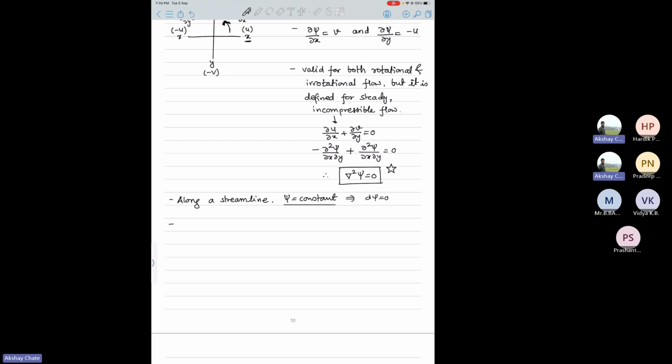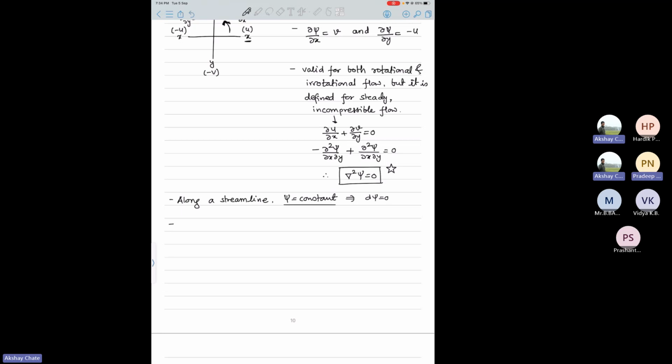The takeaway is that psi will not change as long as it remains on the same streamline.